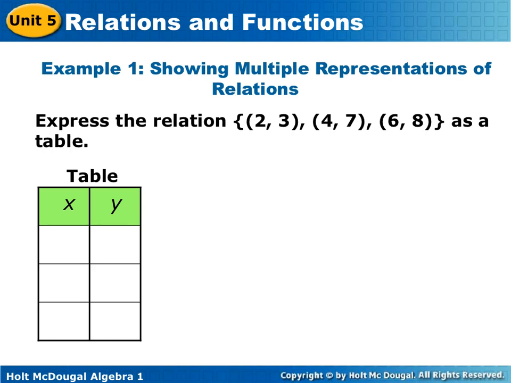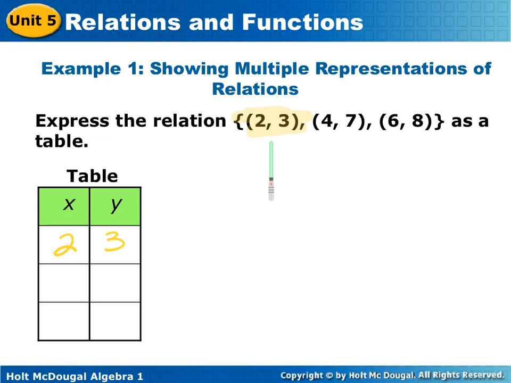So for example here, for the first one, which is (2, 3), what you would do here is you would take your x value and put it in the x slot. So it would be 2, and then the y value that matches up with that would be 3. And what that tells you is when x is 2, y is 3, which is the exact same thing this coordinate is saying.